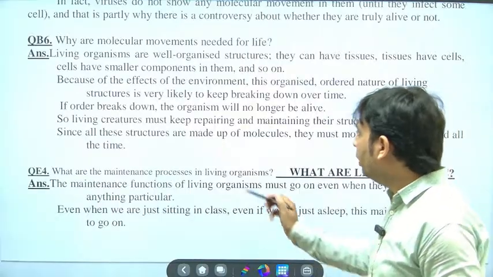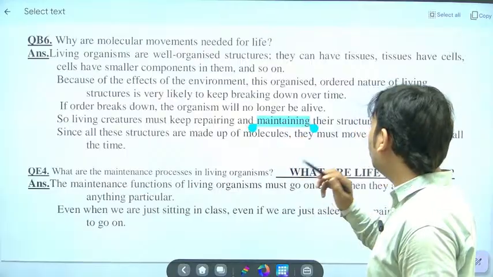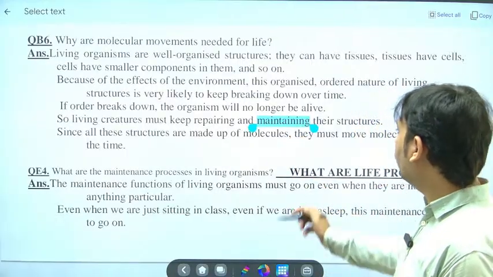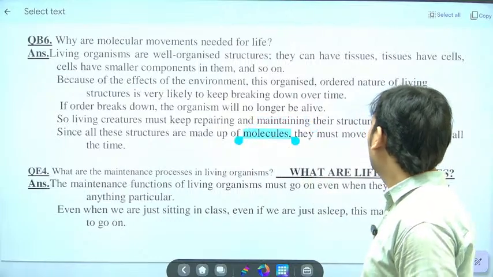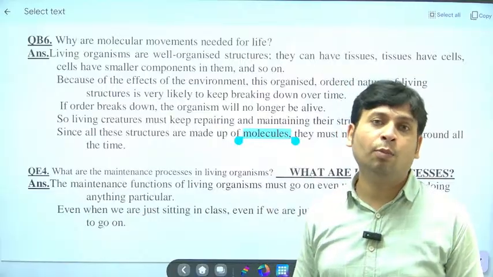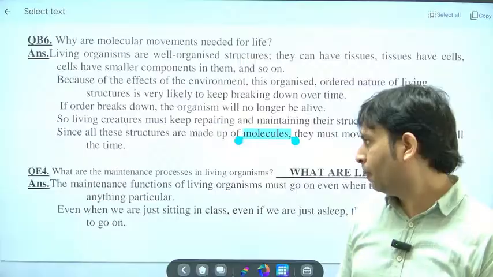A process of repair and maintenance is always going on in our body, and our body is made of molecules. So there are always molecules around us. Without molecules we are nothing.